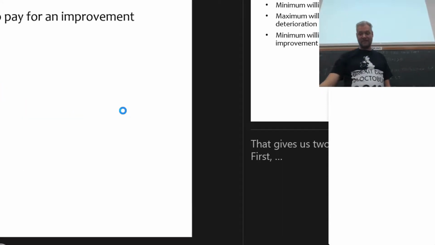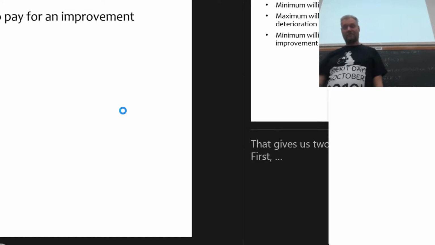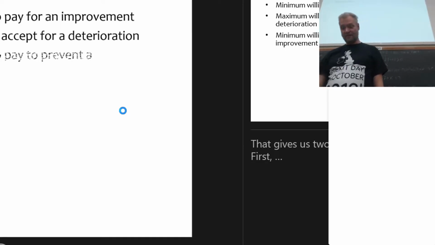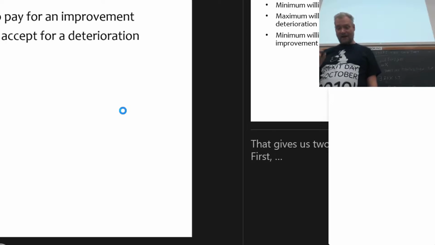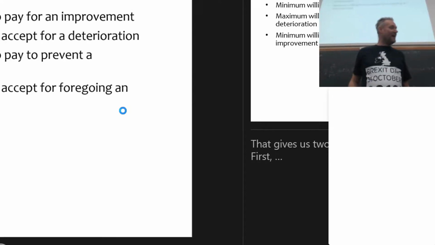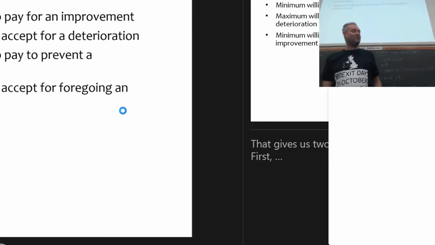But actually there's 4 welfare measures, right? There's the maximum willingness to pay for an improvement, and they come all together. There's the minimum willingness to accept compensation for a deterioration, but there's of course also the maximum willingness to pay to prevent a deterioration.